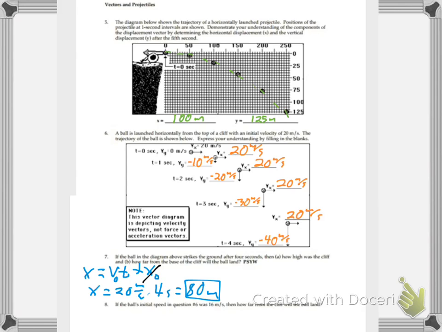Our y equals y0 plus the initial velocity in y times time plus 1/2 acceleration time squared. Those first two terms are 0, our initial position is 0, and our initial velocity is 0 in y. So we're just concerned with the 1/2 at squared.